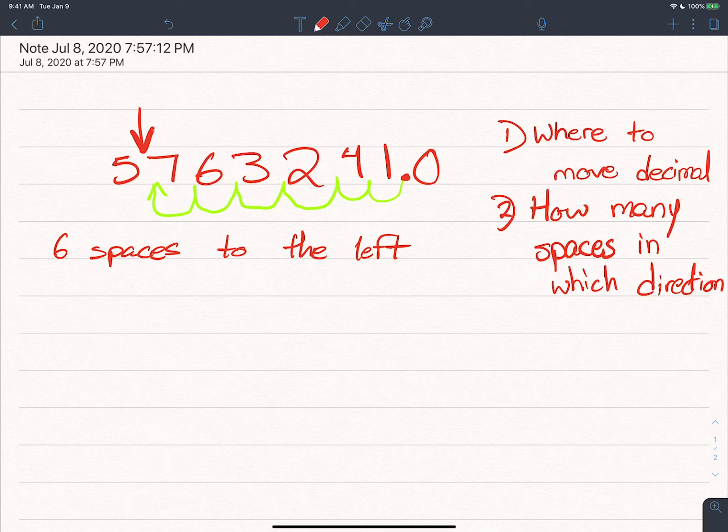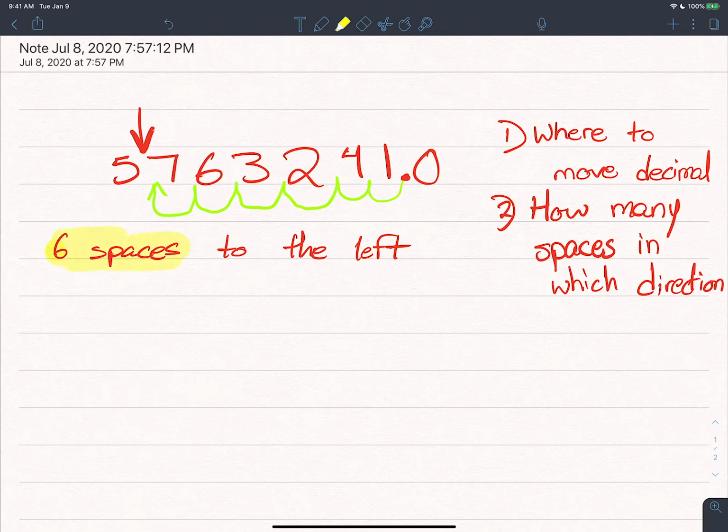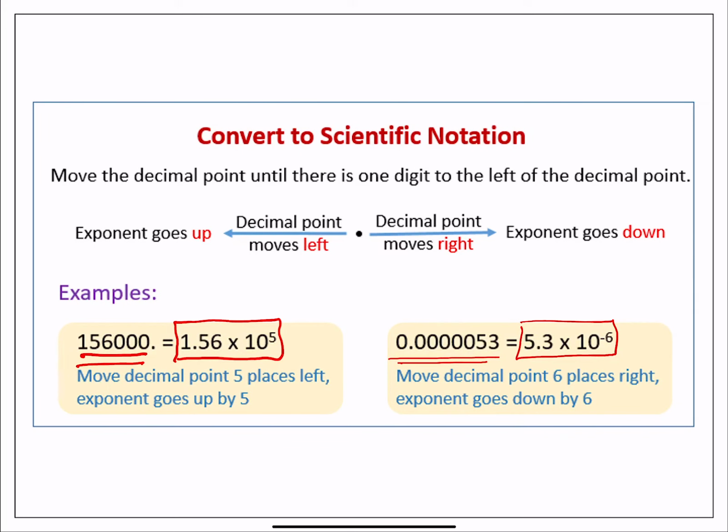All right. So the 6 spaces tells us one bit of information, that we need to write it in scientific notation. And the to the left tells us another bit of information. Now, if we look back over here, we can see that there were 2 parts.